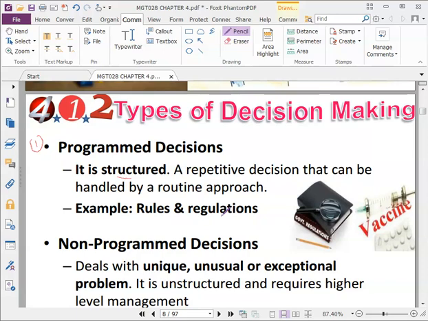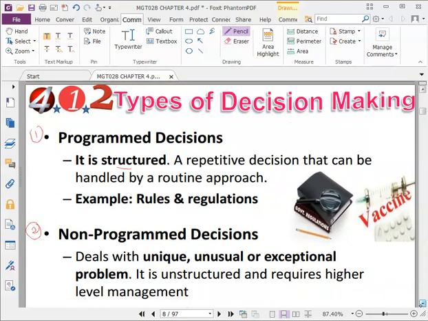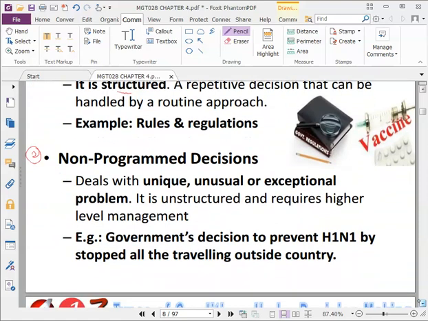Okay, so but then there is also another type of decision making that is non-program decision. Okay, non-program decision is different from the program decision, where non-program decision deals with unique, unusual or exceptional problem. Okay, maksudnya sebelum ni tak ada permasalahan selalu terjadi. Okay, dia akan ada satu masa ada masalah besar.